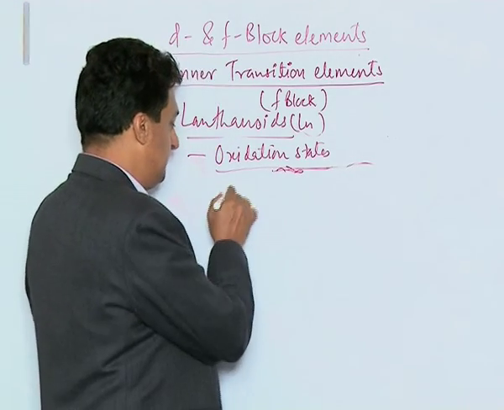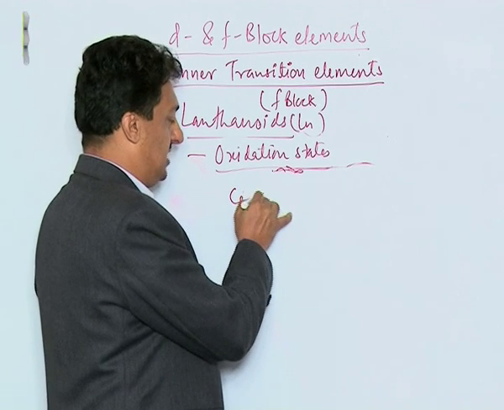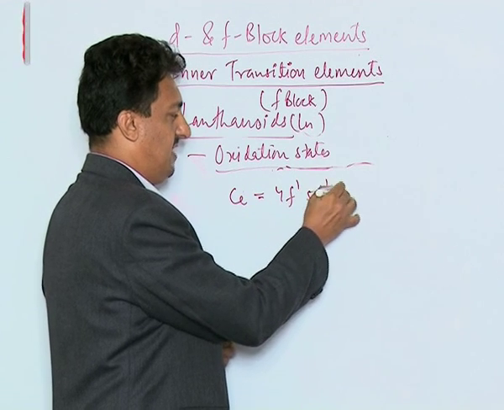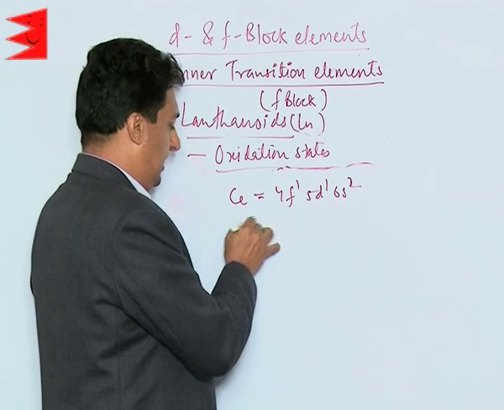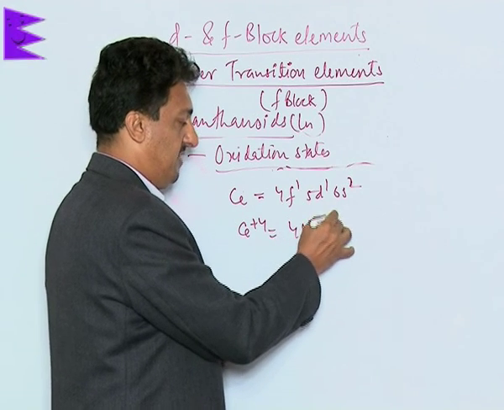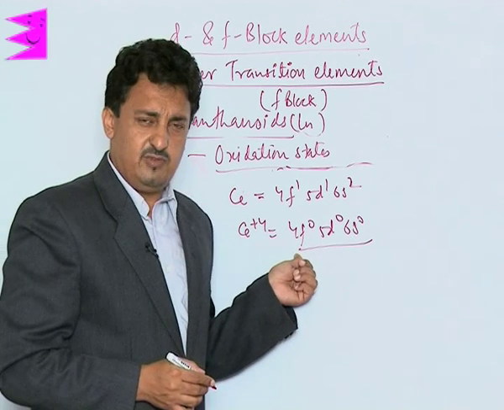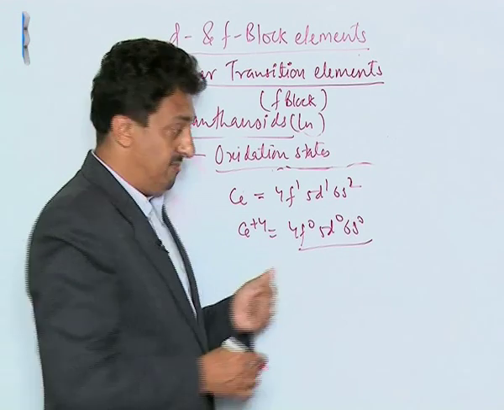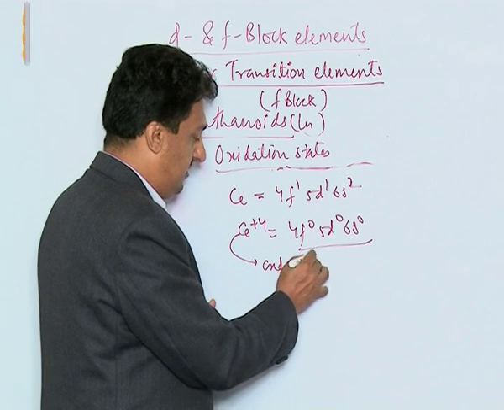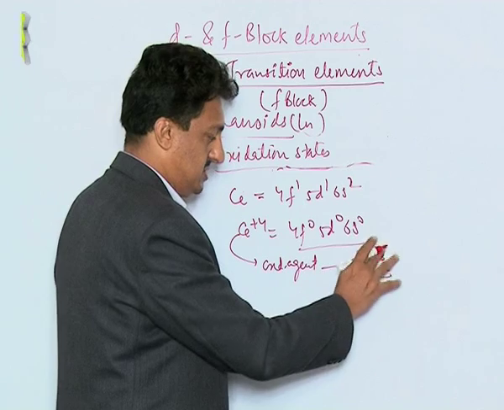Let's talk about cerium, which has a configuration of 4f1, 5d1, 6s2. It shows a +4 oxidation state, where it has a 4f0, 5d0, 6s0 configuration, a pseudo noble gas configuration that is very stable. But remember, it acts as a good oxidizing agent because it changes to cerium +3, which is its most common oxidation state.